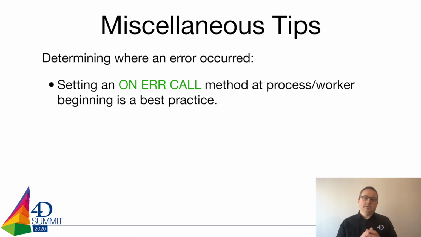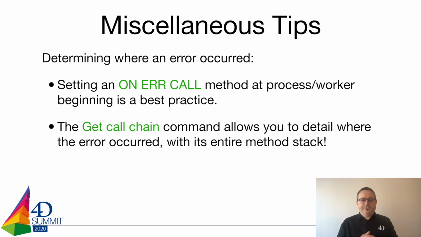So I remind you that setting an error call method at the beginning of your process or workers is a very best practice. And in V18, we have added a command which will help you to determine what happened. It's the get call chain command.